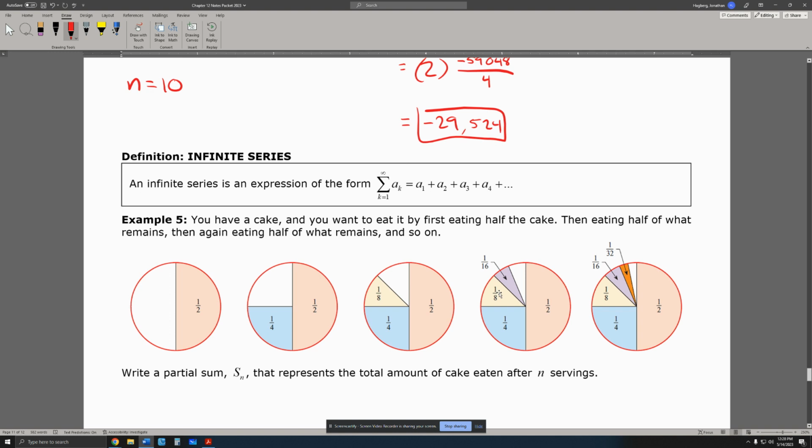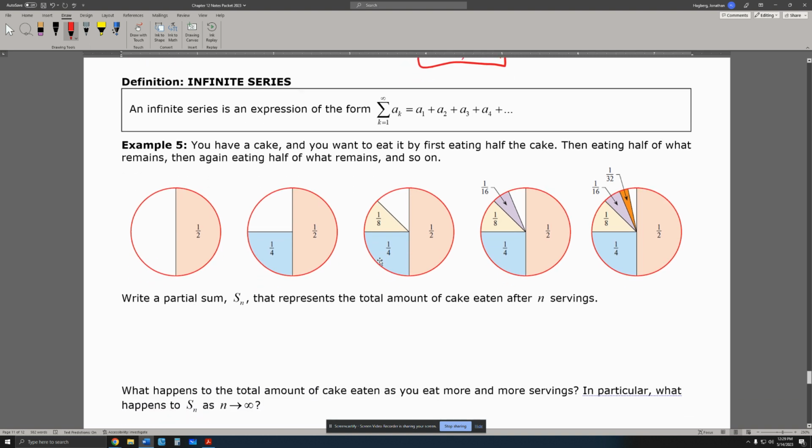An infinite series is just the sum of all of the terms in that sequence, so the infinitely many terms. So A1 plus A2 plus A3 plus A4, all the way up, never ending. So it's the infinite sum of series of terms. So an infinite series is in the form, using sigma notation, the sum of terms AK, where k starts at 1 to infinity.